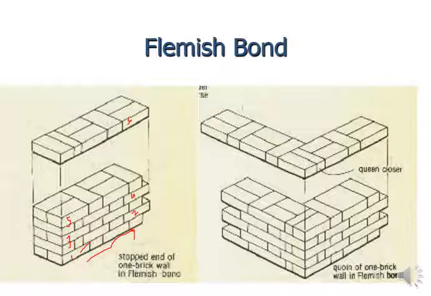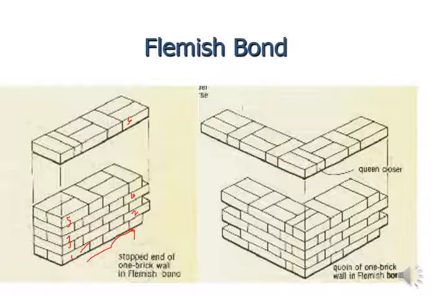What is this pattern? If you compare it with the English bond, in English bond the odd courses are all stretching and even courses all header. But now the pattern for all of the odd and even courses is same. What is it?